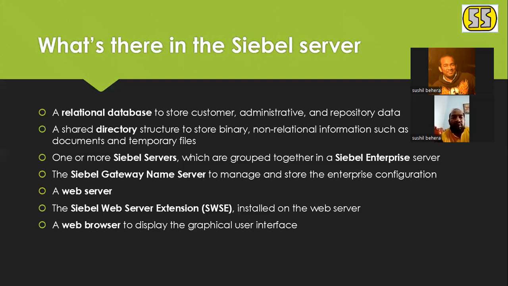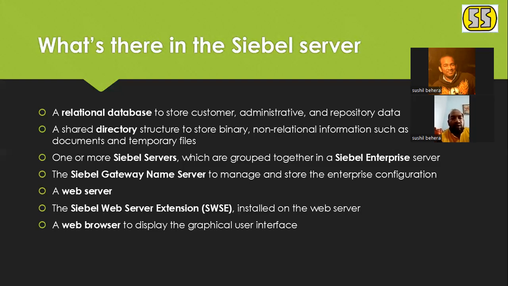In the web server, there will be the Siebel web server extension. So now, what is this Siebel web server extension? It is the extra installable which gets installed in the web server. Okay. It's extra software which gets installed to give the connectivity between the browser and the Siebel server. So that's why we call it the Siebel web server extension.